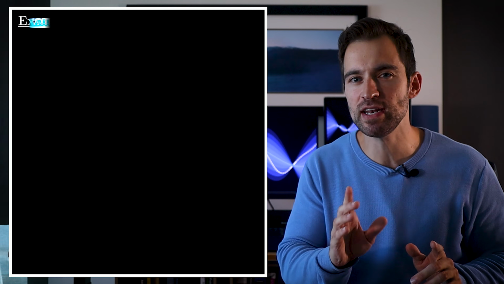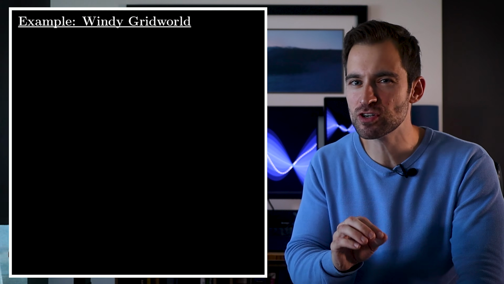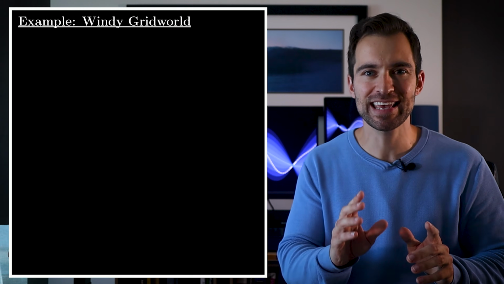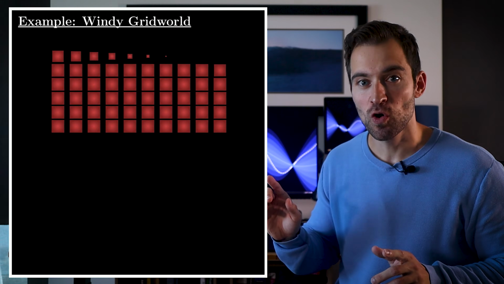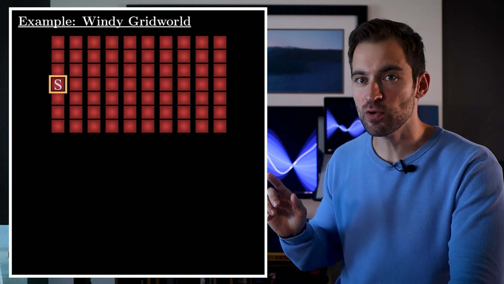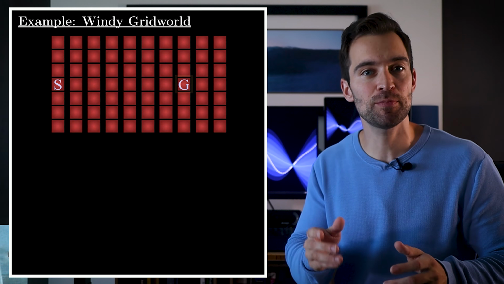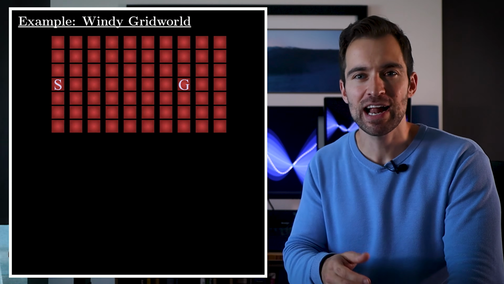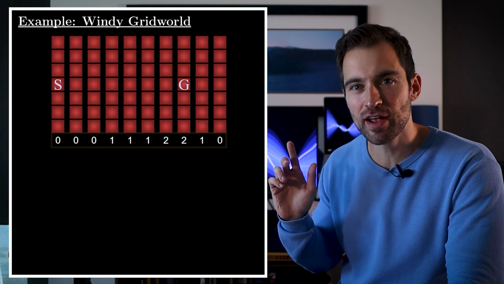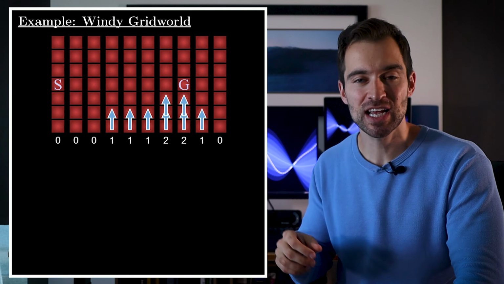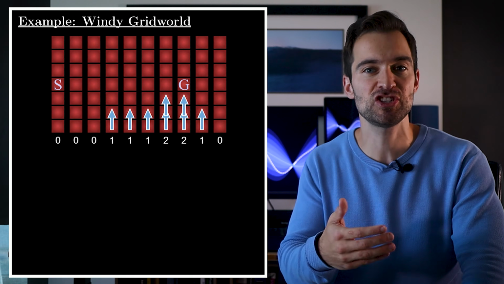Let's do one more example, this time one that isn't deterministic. This one is called Windy GridWorld, and again, my version is slightly different from the book's. Again, it's based on a grid where we start here and we want to get here with the typical actions. However, now we have some wind blowing up. These numbers tell us how much our next move is shifted up.